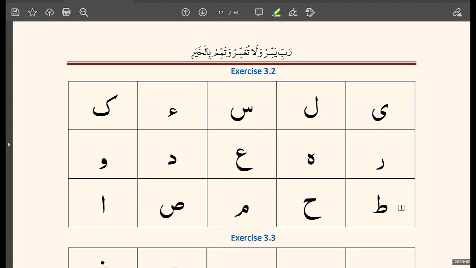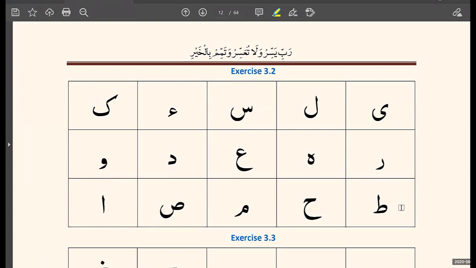Okay, third column. Sin, Ain, Mim. Well done. And which category is this? Sin is thin, Ain is thick, and Mim. Ain is thin. Oh, Ain is thin. And then Mim is also thin.